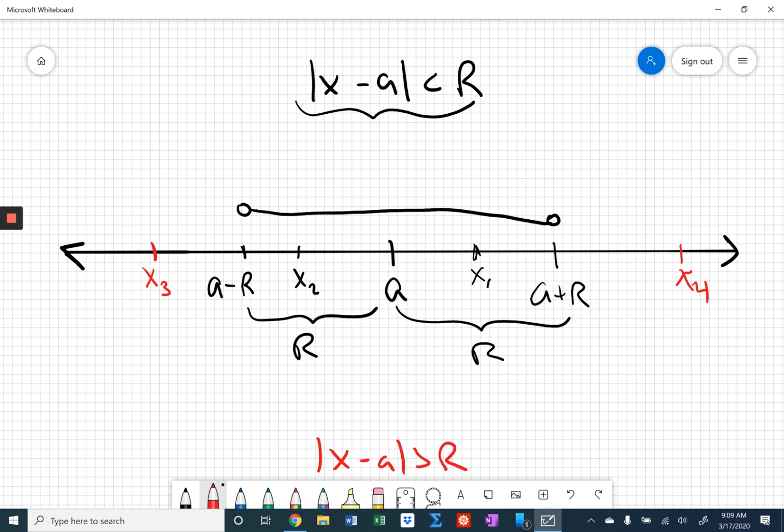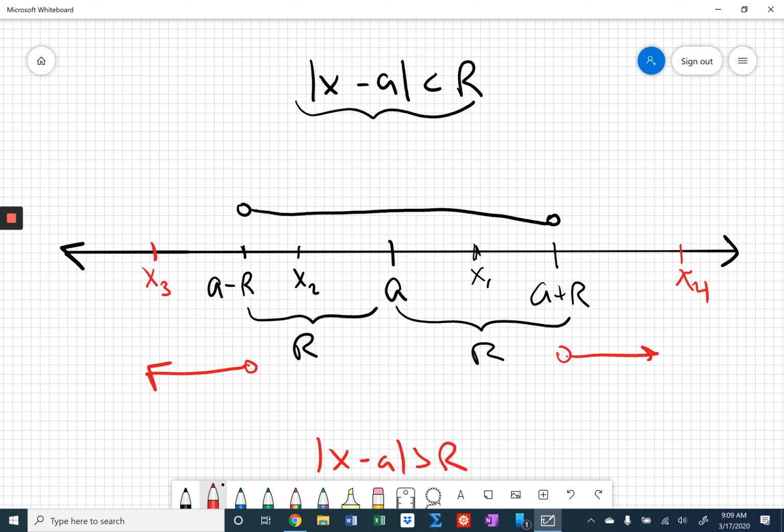So if I look from this point onward, put an open circle at a minus R, and go in this direction, the series will diverge for those values. And if I put an open circle at a plus R and move in this direction, the series will diverge for those values. And this is consistent with what we saw in the earlier example where we got the interval of convergence to be between -3/2 and 3/2, excluding -3/2 and including 3/2.